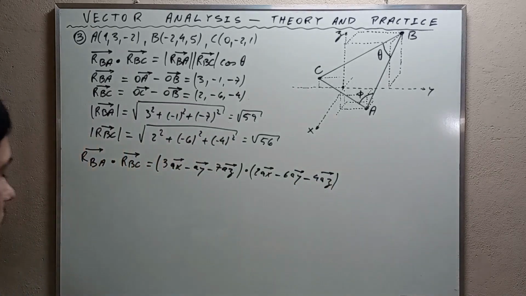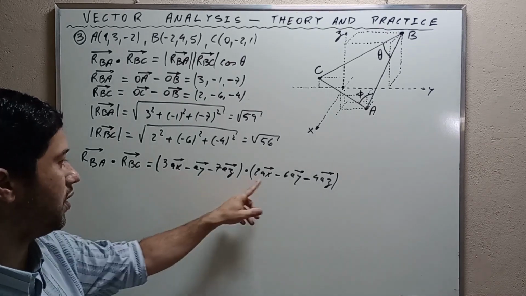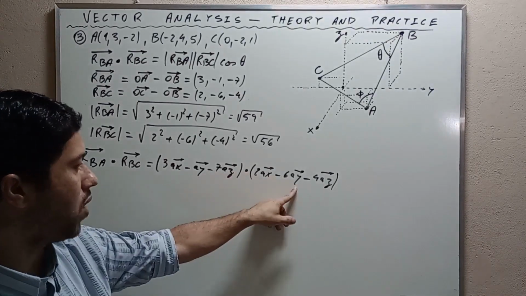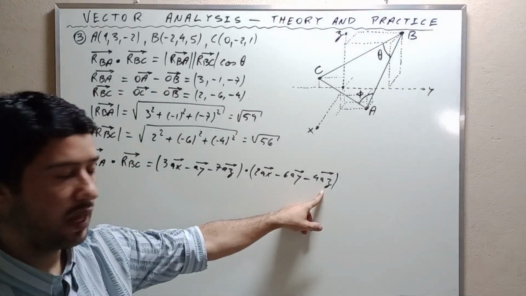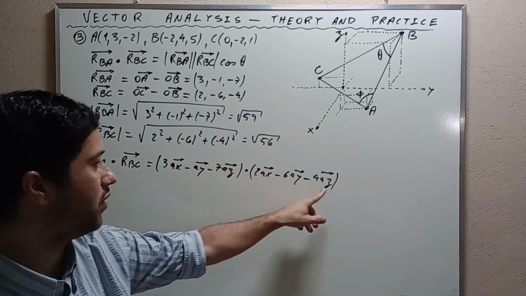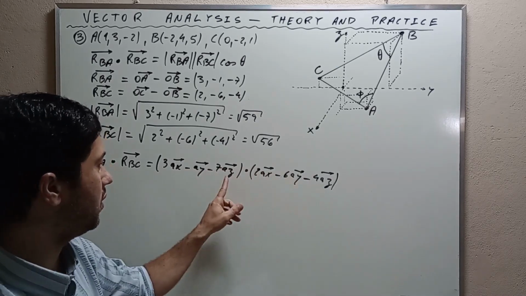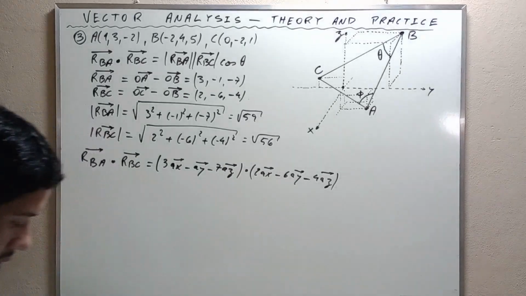Okay? We compute this dot product. Remember that the dot product between ax and ax is 1, ay with ay is 1, and az with az is 1. However, ax with ay and ax with az, ay with ax, ay with az, and az with ax and az with ay is 0.